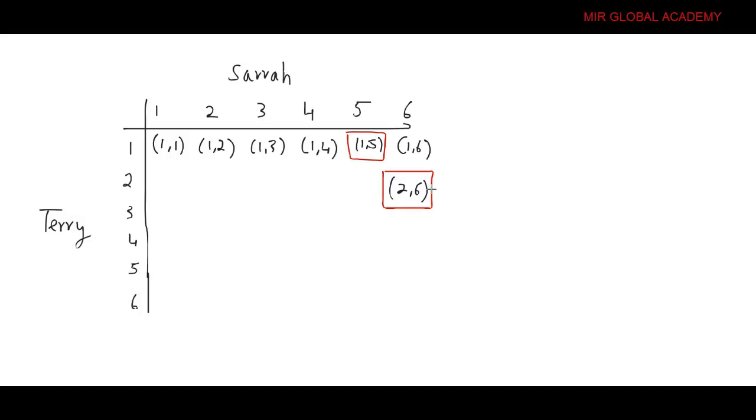And the second option is this, 2, 6, where Terry threw 2 and Sarah threw 6, and Sarah is 4 more than Terry. So out of these 36 outcomes, these 2 outcomes are favorable. So therefore the probability is 1 over 18.